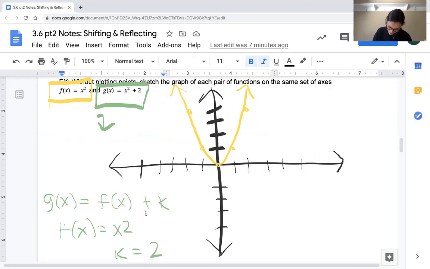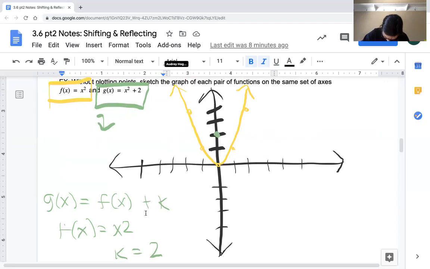Okay, cool. So now we know our graph is going to be the graph of y equals x squared moved 2 units upward. So 2 units, oh my gosh, why? No. Come back, axis. Pen. So 2 units upward, and then we have the graph of y equals x squared.